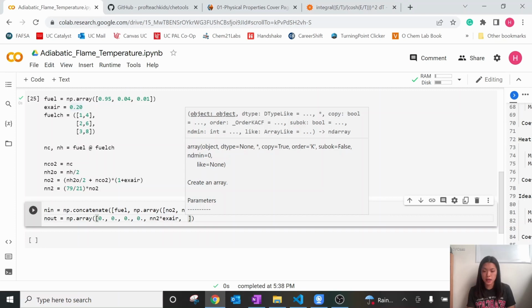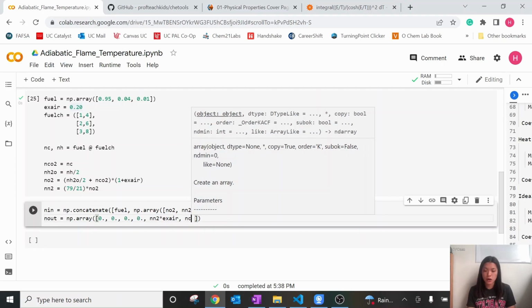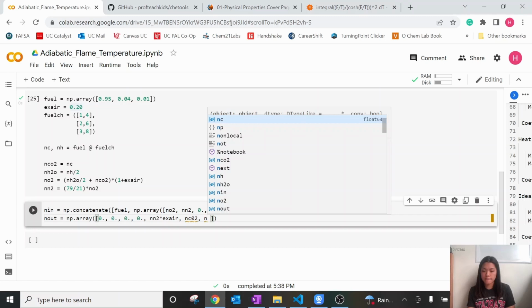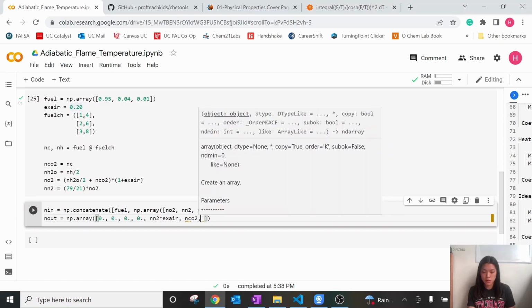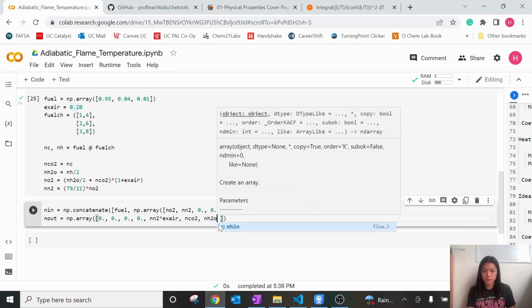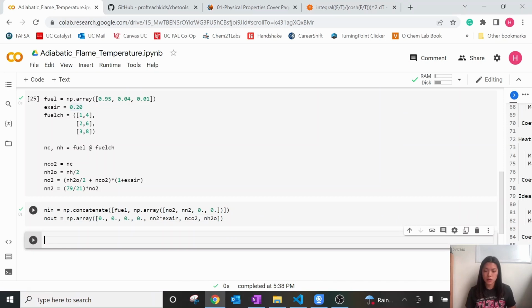And then the number of carbon dioxide and the number of water moles. So that is what is coming out.